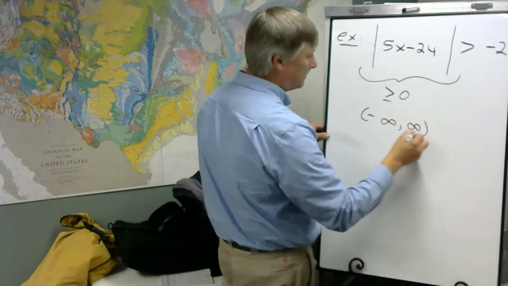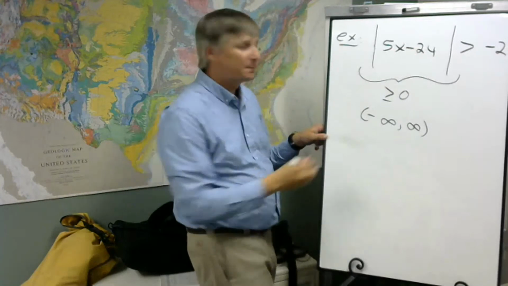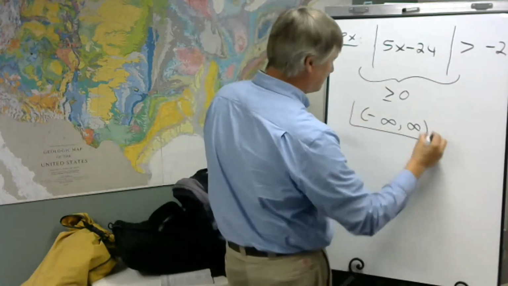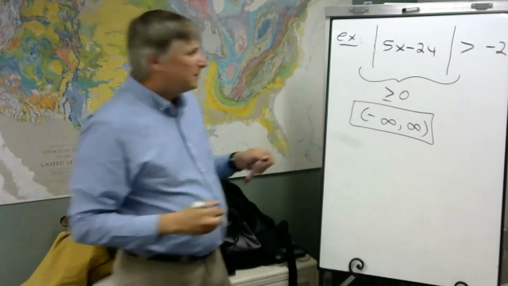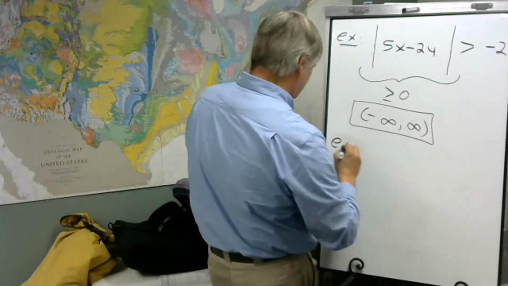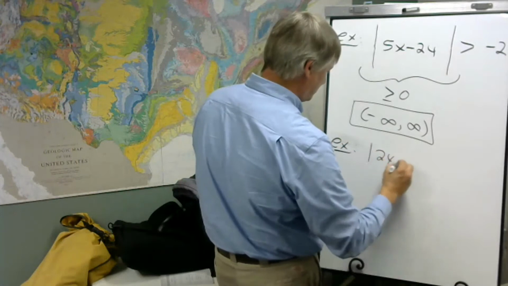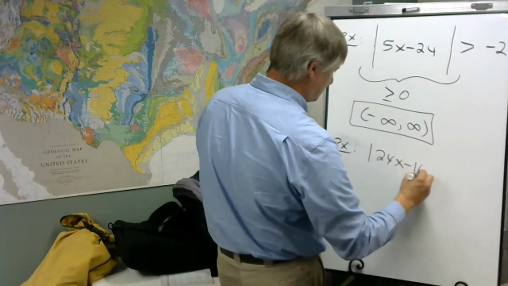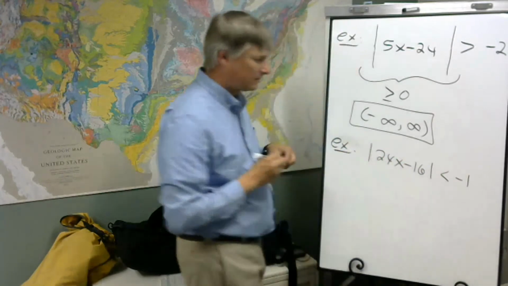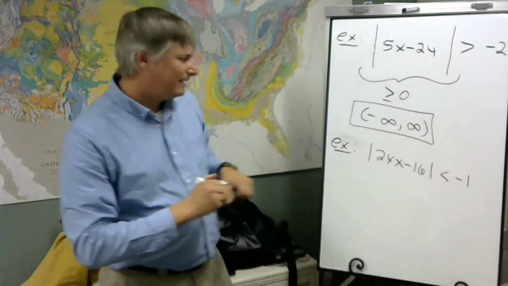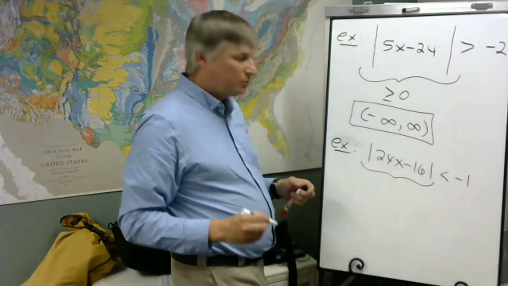Absolute values are always going to be bigger than the negative numbers. Another one you could see, again, it doesn't matter what you choose for x.